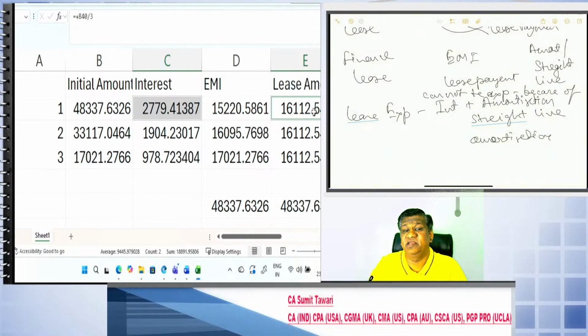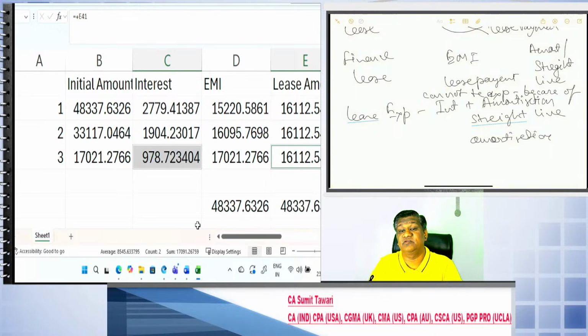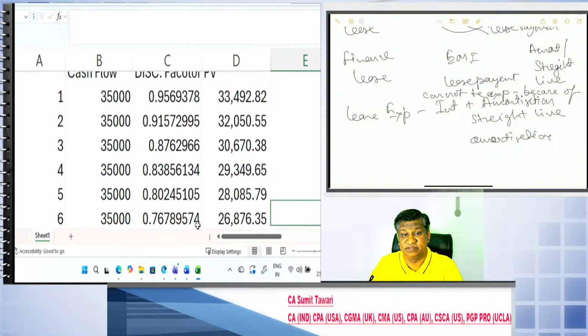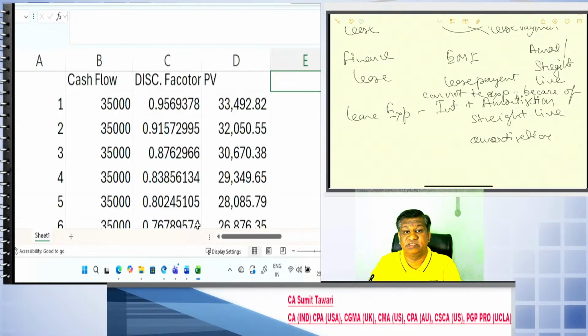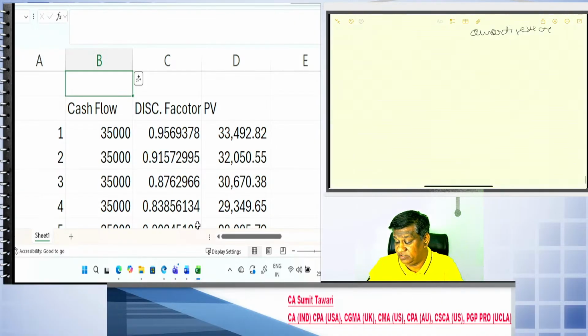Here it shows an excess of 18,891, but here it is less than 18,000. So over the period it gets compensated, but this is basically the way of recognizing the lease.